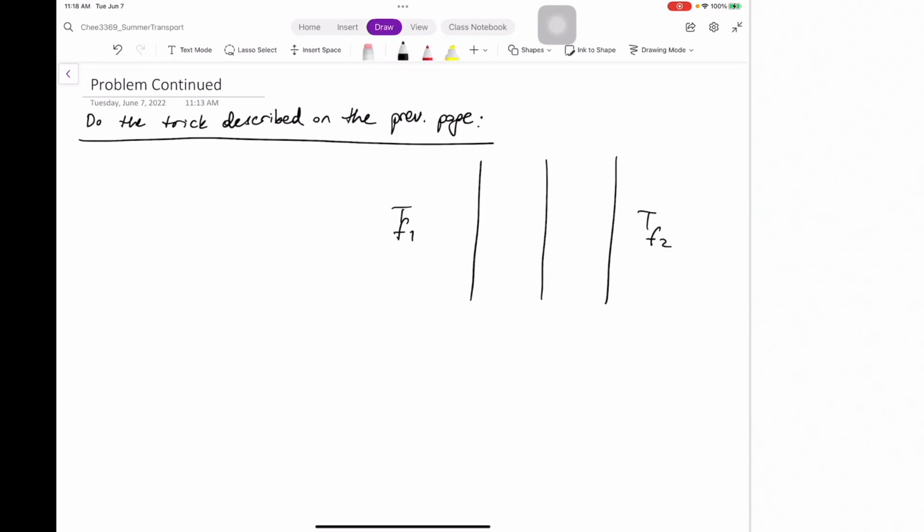And imagine that you have this temperature here, this temperature here, and this temperature here, so there's a change in the temperatures in different regions. This is T0, T1, and T2.